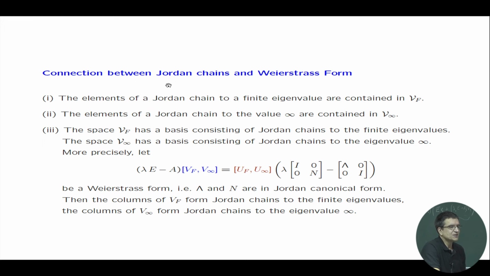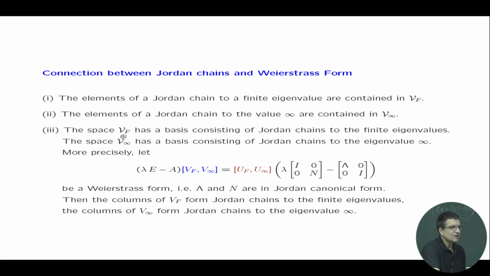Okay, the connection between the Weierstrass form and the Jordan chains is this. The elements of the Jordan chain to a finite eigenvalue are contained in this vector space belonging to the matrix VF. So there is an analogous statement for the infinite eigenvalue.